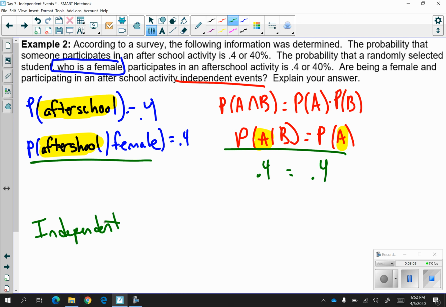Now, this problem does ask you to explain your answer. For independent event questions, a really good explanation is because being a female does not change the probability of being in an after-school activity.